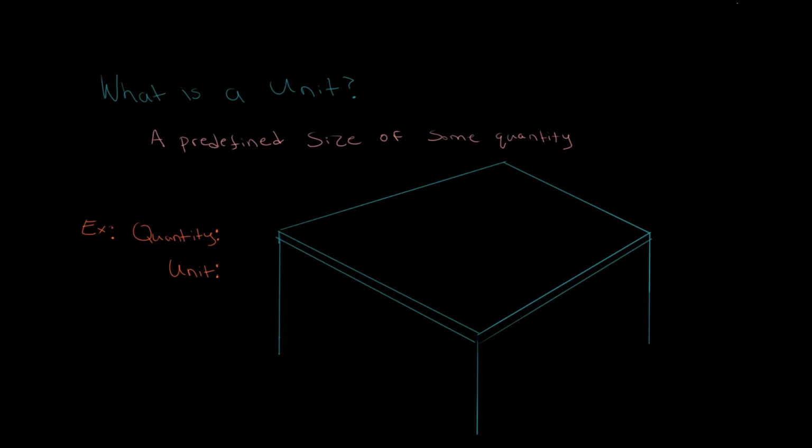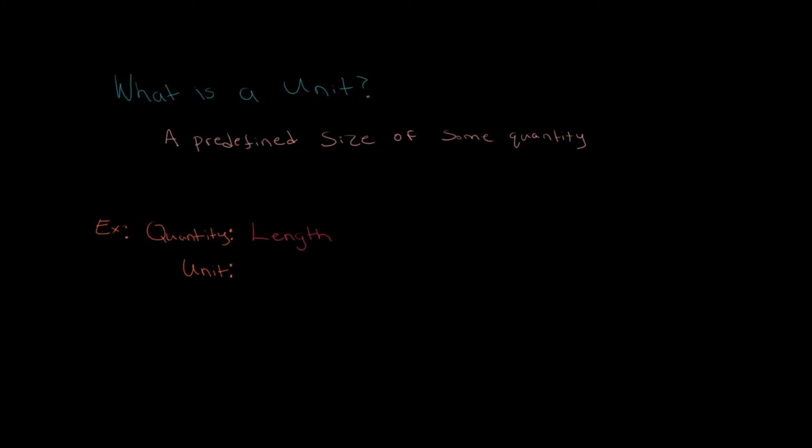If we were to measure a table and it was 2 meters, if we were to measure that same table using feet, we would get something numerically different. We'd get 6.56 feet. This is because the size of a foot is different than the size of a meter. Both feet and meters are 2 different ways of measuring the same quantity, length.